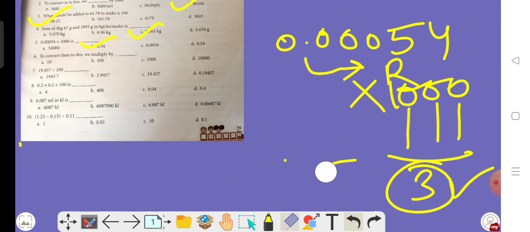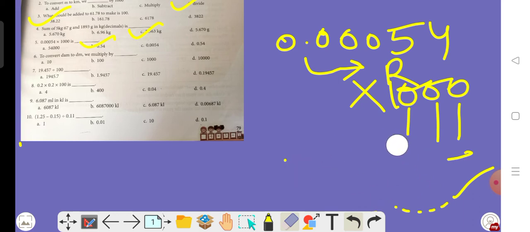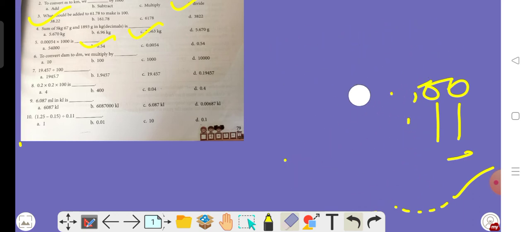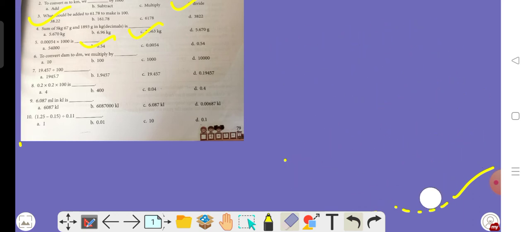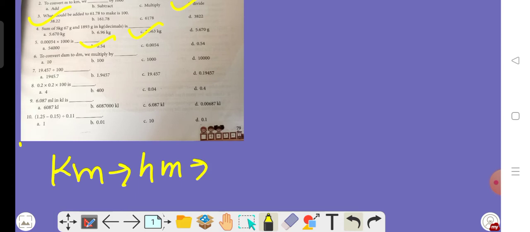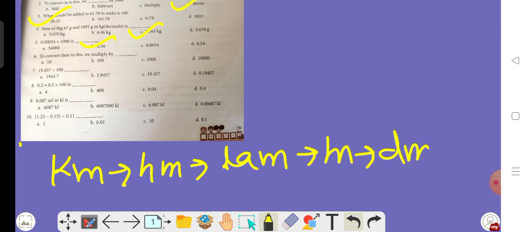Now look at question number 6. To convert decameter to decimeter, we multiply by dash. Okay, look at this. Kilometer to hectometer, hectometer to decameter, decameter to meter, meter to decimeter, decimeter to centimeter, and then millimeter.